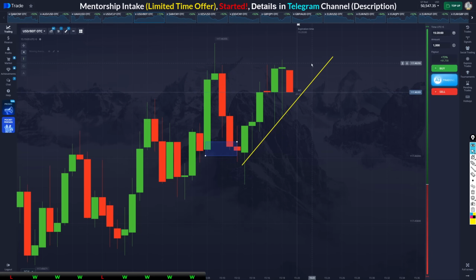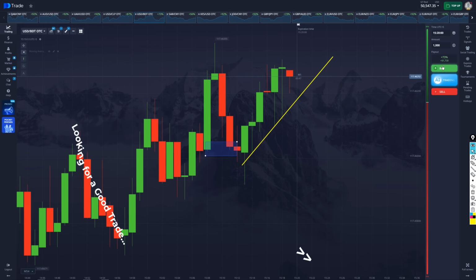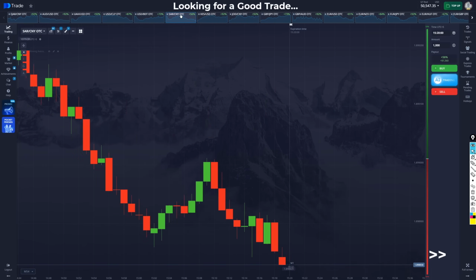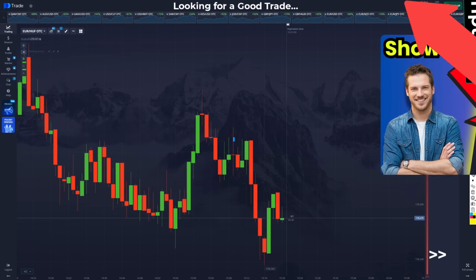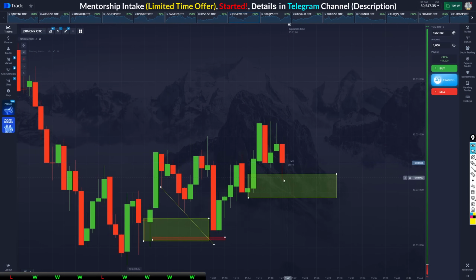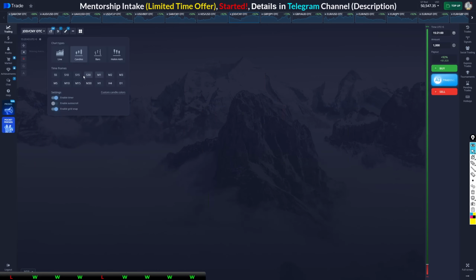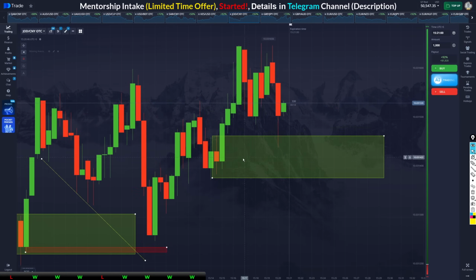Yeah, I think I'm gonna take this. Created high compared to previous high. Please give me this entry. It rejected from the order block that I marked. Fortunately, it didn't touch the entry yet. Come on.